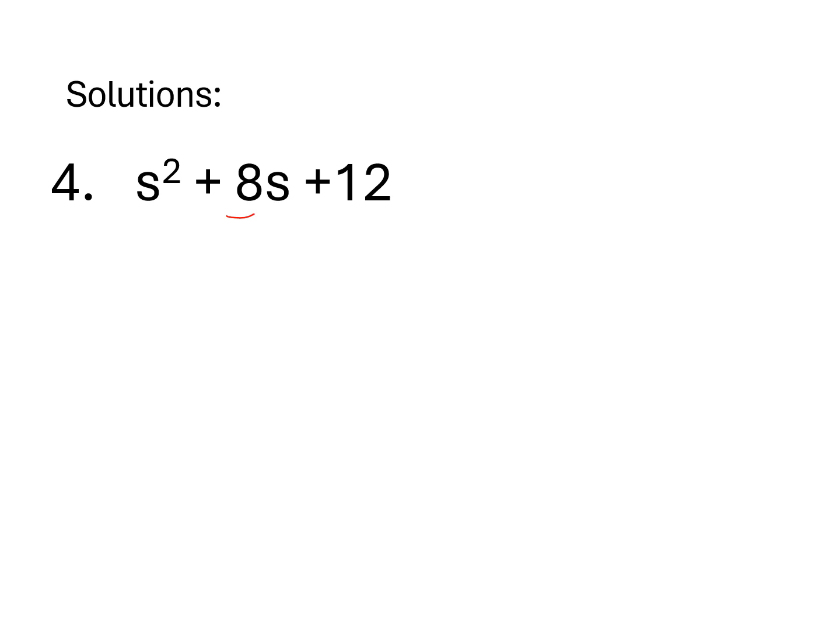Again, think of two numbers that multiply to 12 and add to 8. So, what are the two numbers? Okay, very good. These numbers can be 6 and 2. If we multiply 6 times 2, that is equal to 12. If we add the two numbers, 6 plus 2, that is positive 8.